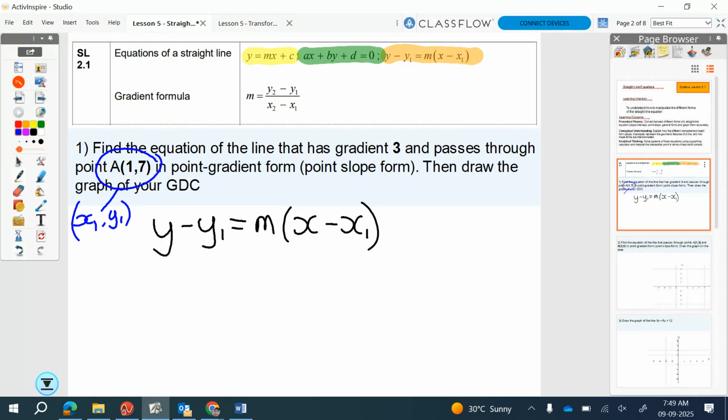The y and the x in the formula that don't have the subscript are the general y and x that create the equation and allow it to vary. And then m we know is slope. So we can put the values in. This is going to be y minus 7 is equal to 3 bracket x minus 1. So at this point, we have answered the question, find the equation of a straight line with this information.